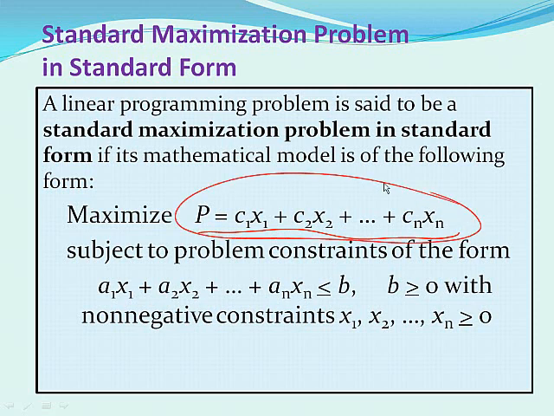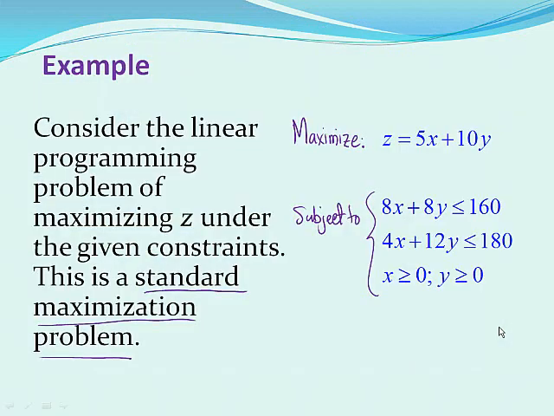Then we have a set of constraints which can be written in this form: a1 x1 plus a2 x2 plus etc. plus an xn less than or equal to b, where the right hand side number b has to be a positive number always. It also comes with a set of non-negative constraints which says that all the variables are non-negative.